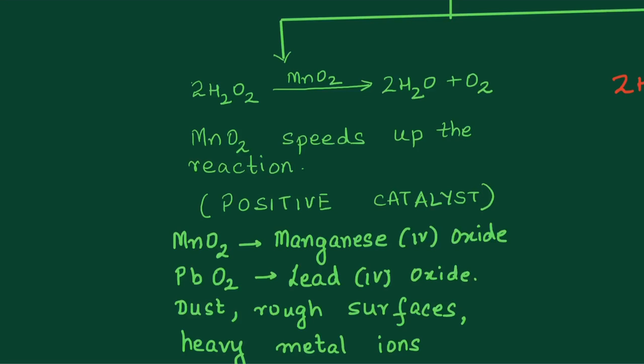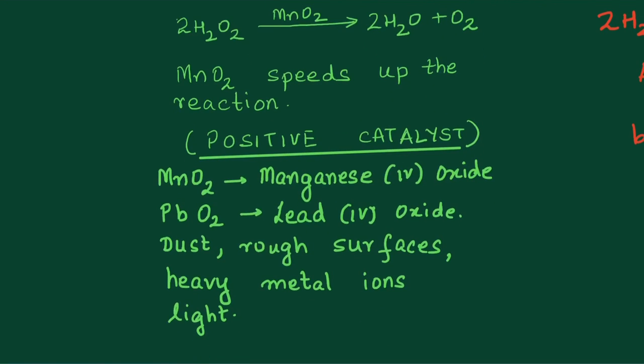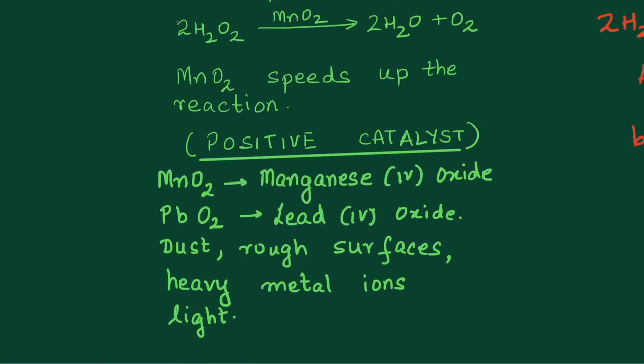That is, the reaction gets expedited. In other words, such type of substances are said to behave as a positive catalyst. So, your manganese 4 oxide, lead 4 oxide, dust, rough surfaces, heavy metal ions, light, they all act as catalyst for the breaking down of hydrogen peroxide.